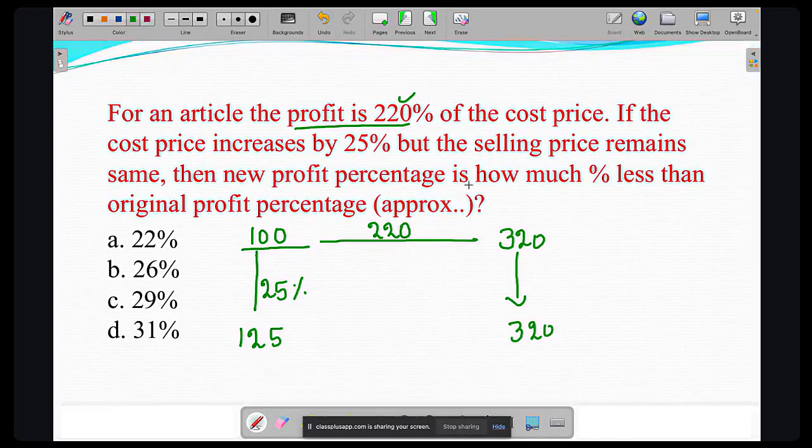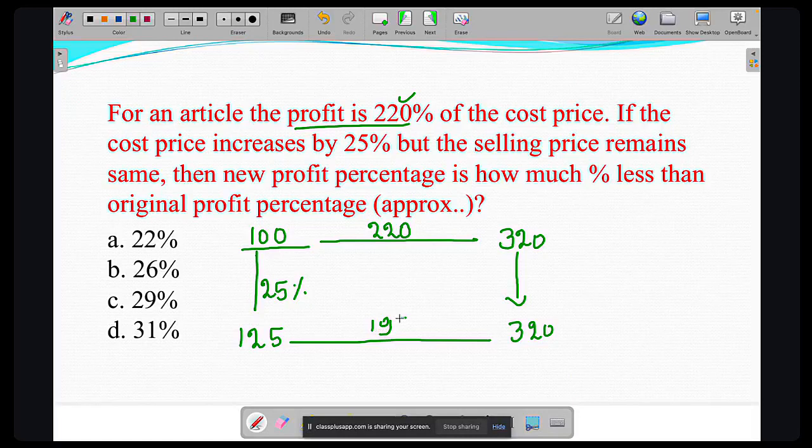Now I need to find out the profit. Tell me, the difference between 125 and 320, what is the profit? Subtract and tell. It will be 195.